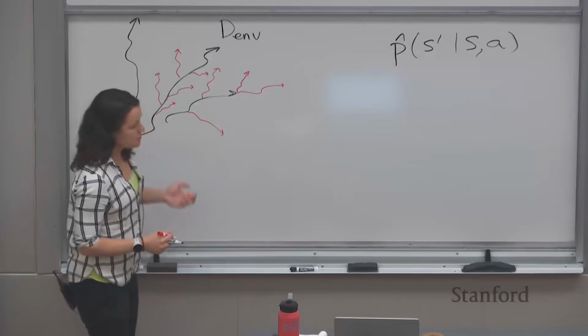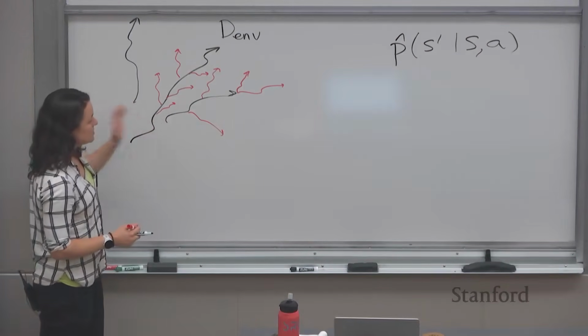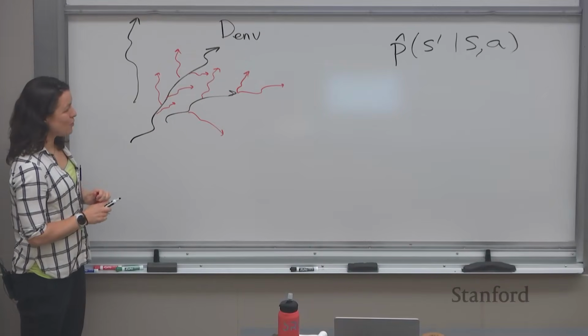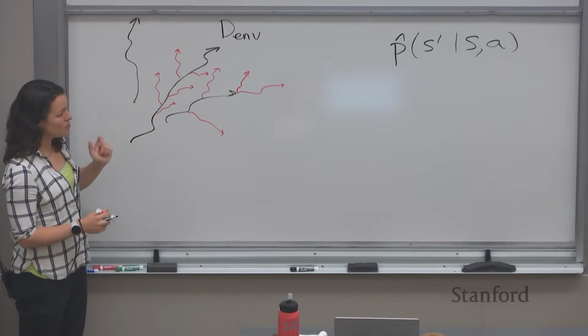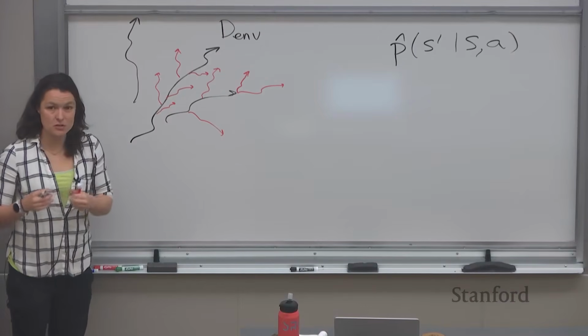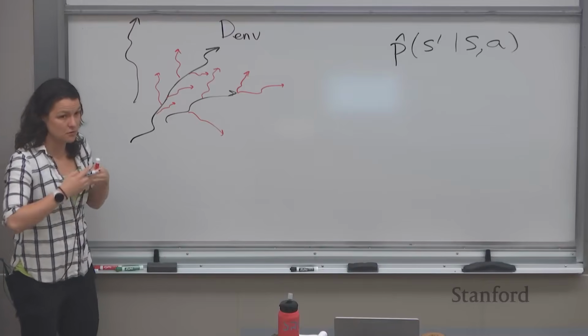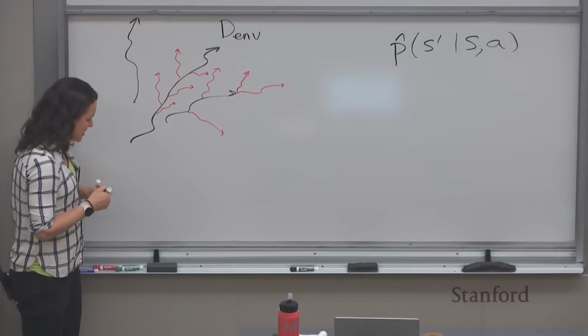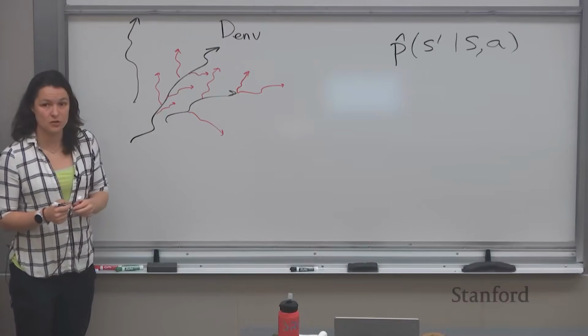And then everything in black is the real data from the environment. Now, one thing that we talked about before is that our model is not very good. You can't really trust it if you make a really long rollout. And so one thing that you can do is keep these trajectories very short.